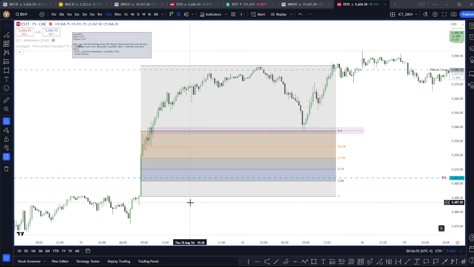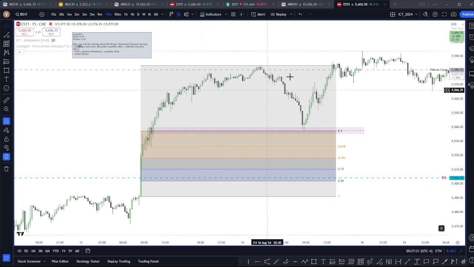A mitigation block will offer resistance initially, but it will get traded through. They're not that strong. Mitigation blocks tend to be those order blocks or breaker blocks which failed and allowed price to trade through. That's the way you need to look at it. But these are good places for you to decide what should be my target.